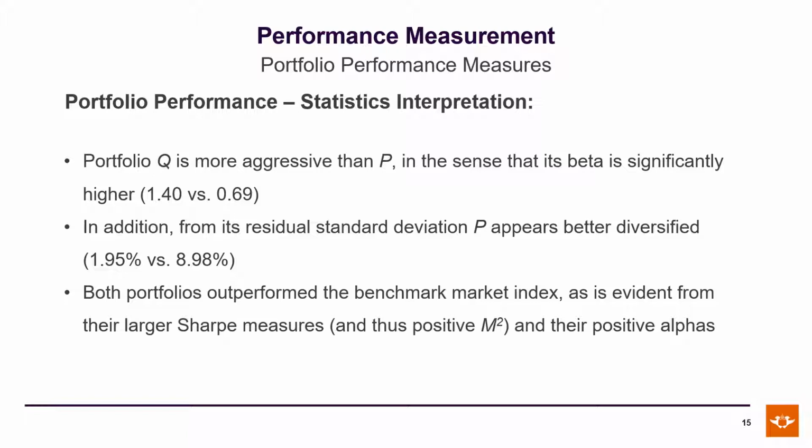In addition, P also seems to be better diversified because its residual standard deviation is 1.95% when compared to that of Q, which is 8.98%. And interestingly enough, both portfolios outperformed the benchmark market index, and this is evident from their large Sharpe measures.